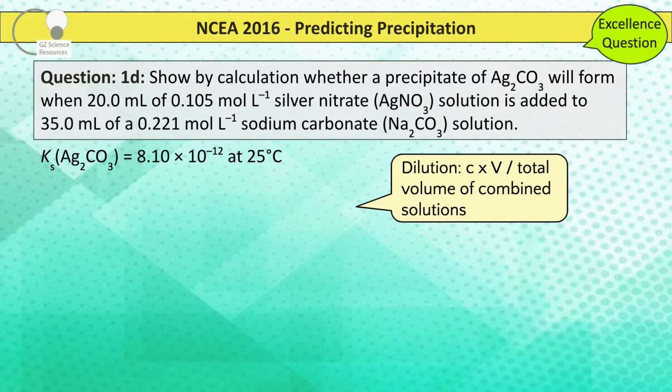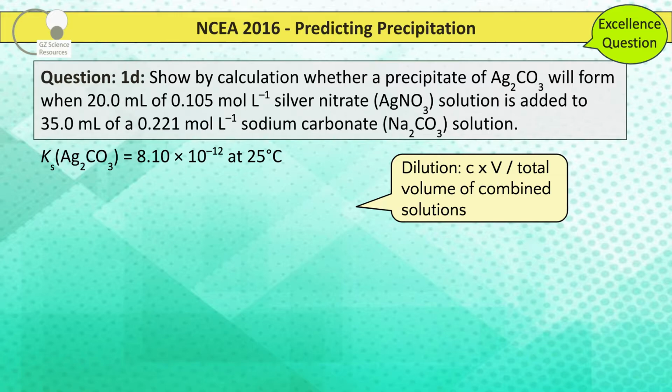So what might the concentration of silver ions be? Let's take the info we've got. The formula is C times V divided by the total volume of the combined solutions. That will give us a concentration. So the concentration of silver in its separate solution was 0.105, and the volume in liters is 0.020 liters, okay?